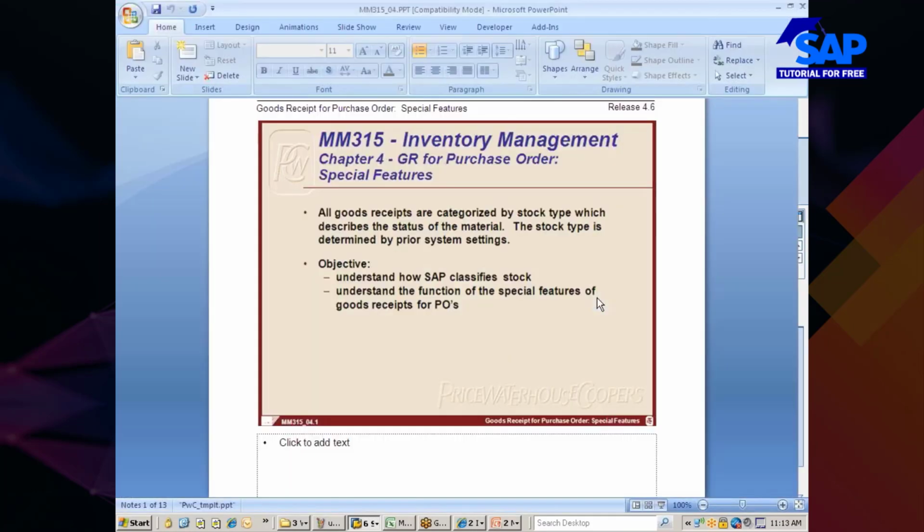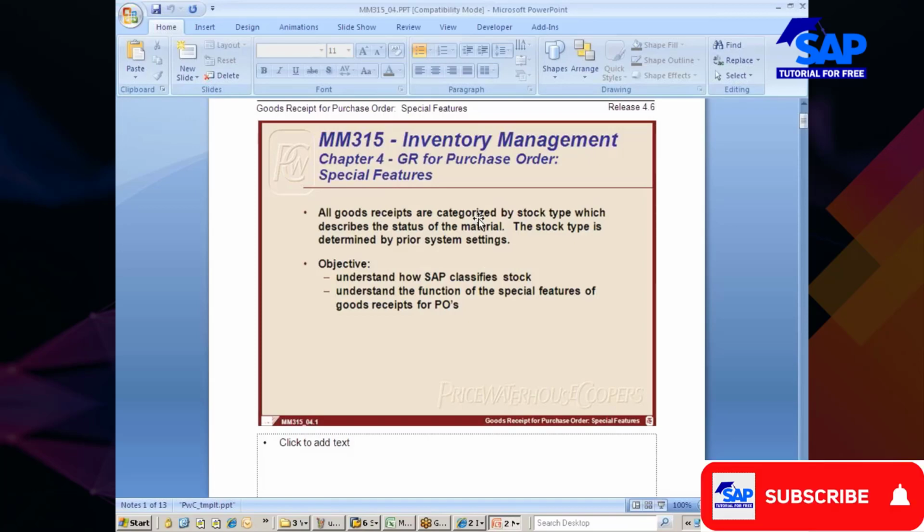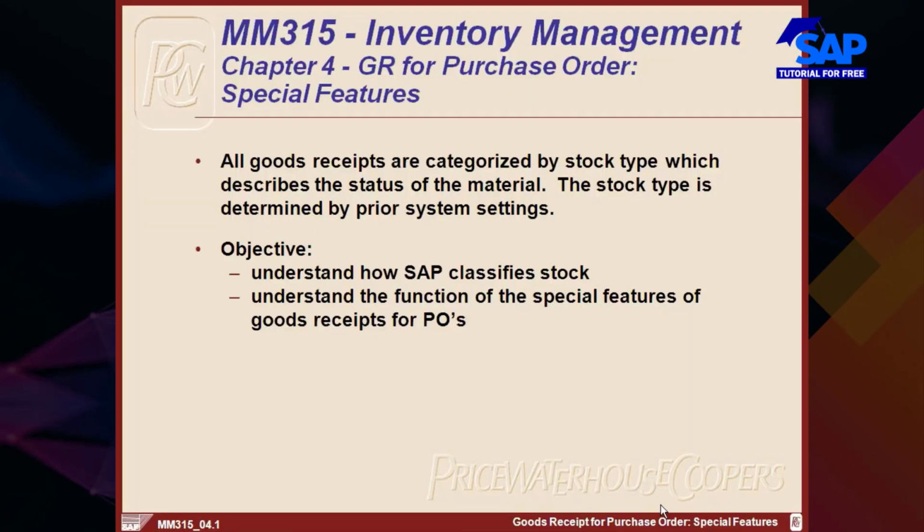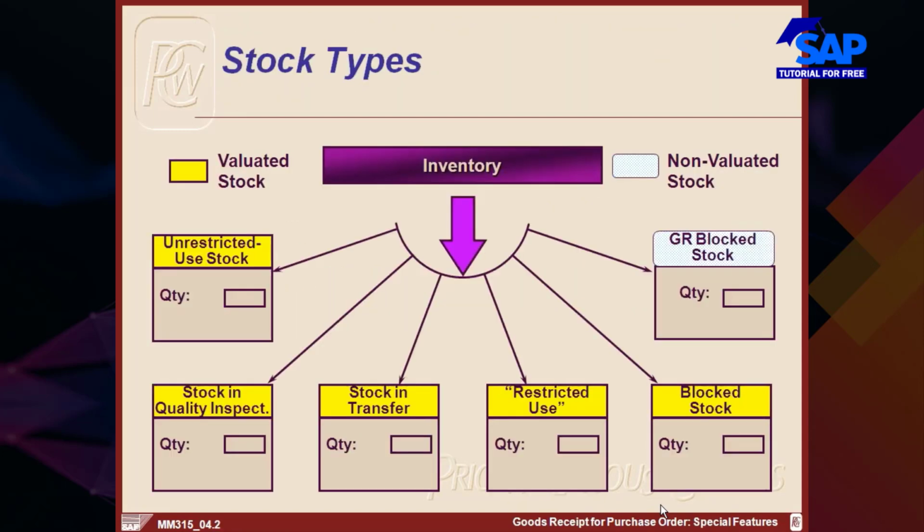Now, all the goods receipts are categorized by stock type, which describes the status of the material. Stock type is determined by prior system settings. Like I said, in the configurations at plant level, I am going to specify which stock type needs to be defaulted automatically. That we will see when we actually work with the configurations.